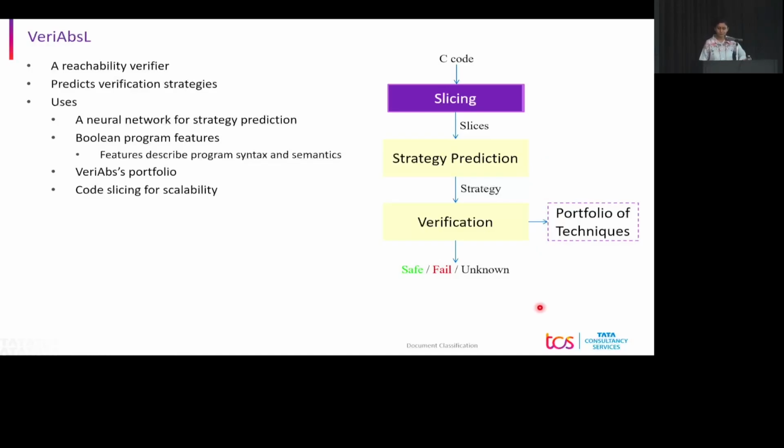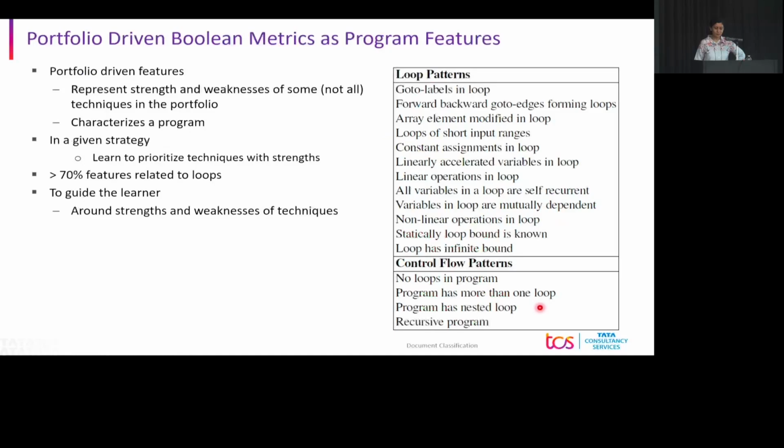So this is VeriAbsL. Now I'm going to show a slide here. So like I said, earlier there were only 4 strategies. So it's a very small set of strategies to select from. Machine learning gives us a very large set of strategies.